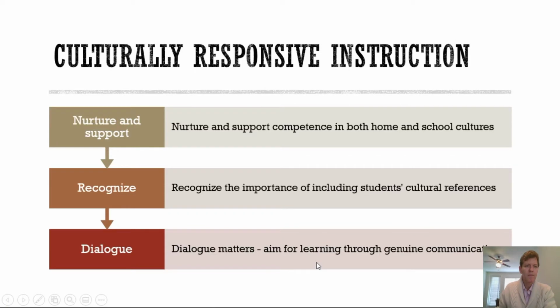I know I have. Okay, a little bit about culturally responsive instruction. A little bit of background on what I'm drawing from. I'm drawing here from the work of people like Geneva Gay, obviously James Banks, Gloria Ladson-Billings. I strongly recommend you consider this book, Culturally Sustaining Pedagogies, Django Paris.